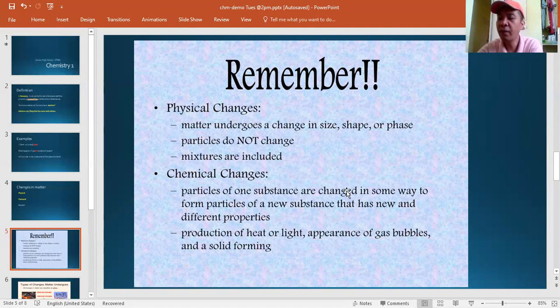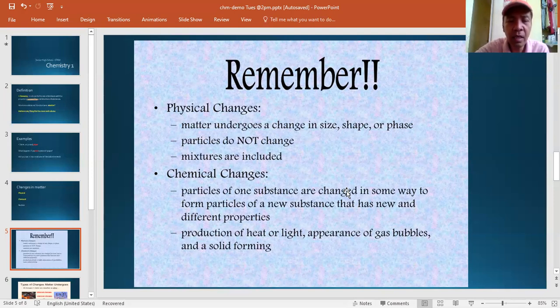No. And phase: is this the original phase? No. But the particles do not change, because you just tear, you just rip the paper. And also, mixtures experience physical change.